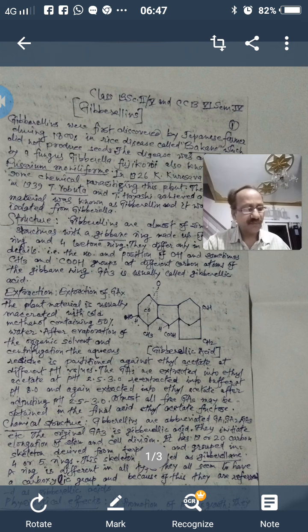Physiological effects. Promotion of plant growth. They promote growth, which means full growth in intact plants. It is a biological engineering tool as a supplement.